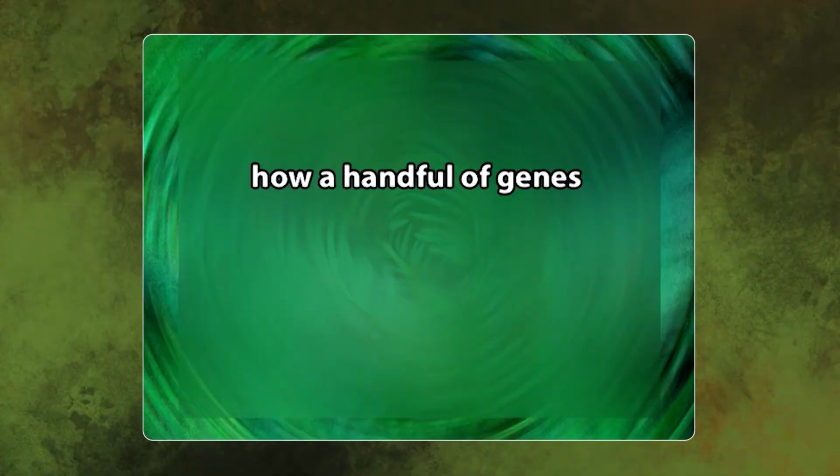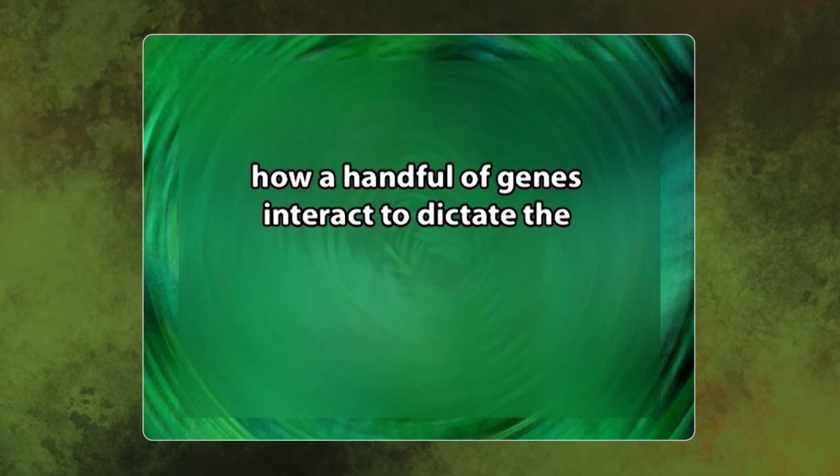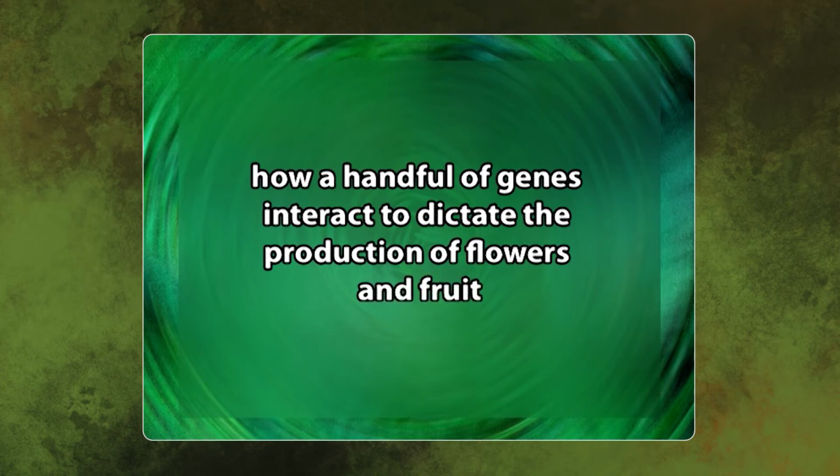For thousands of years, people have pondered the mysteries of flower development and how flowers ultimately give rise to fruits. Recent studies have begun to unravel these long-standing mysteries, leading to a detailed understanding of how a handful of genes interact to dictate the production of flowers and fruits.